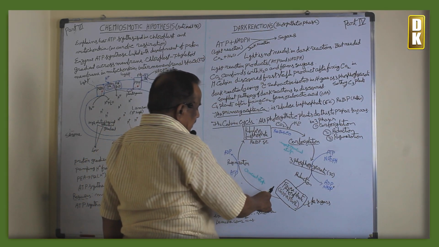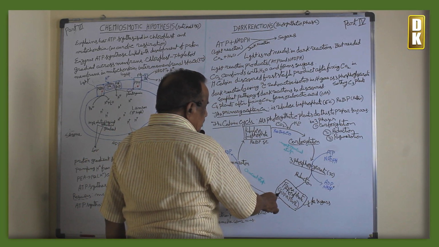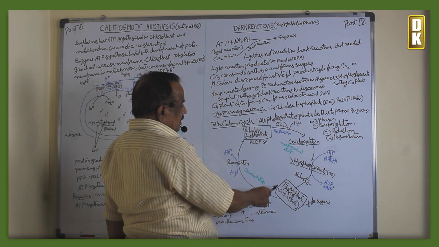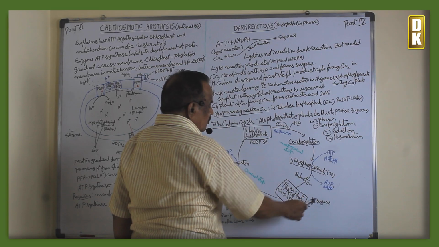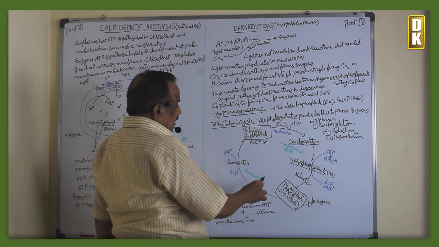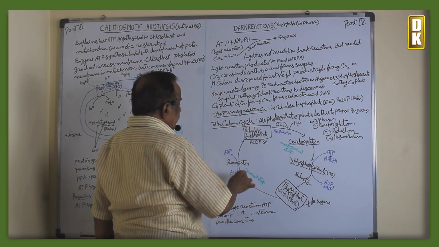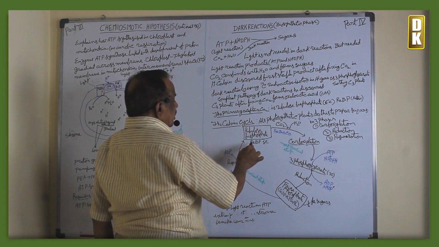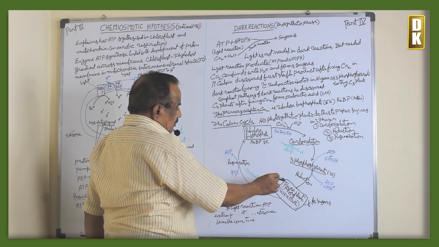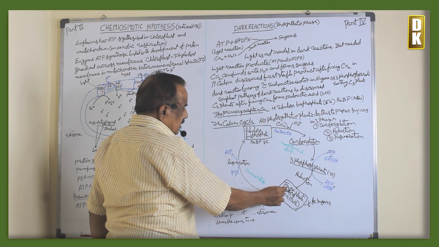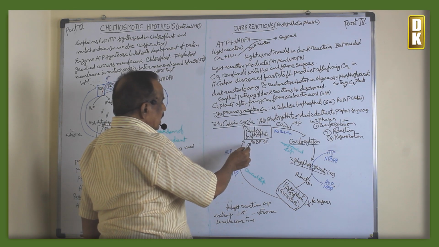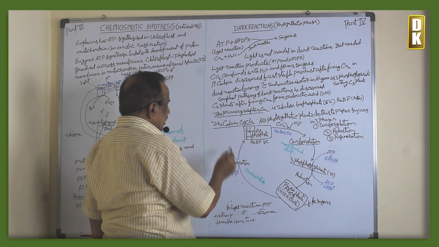Now, after G3P, the triose phosphate, is formed, 1/6 of the triose phosphate will be sent to the formation of sugar, and the remaining 5/6 will be regenerated into RuBP by taking one more ATP.